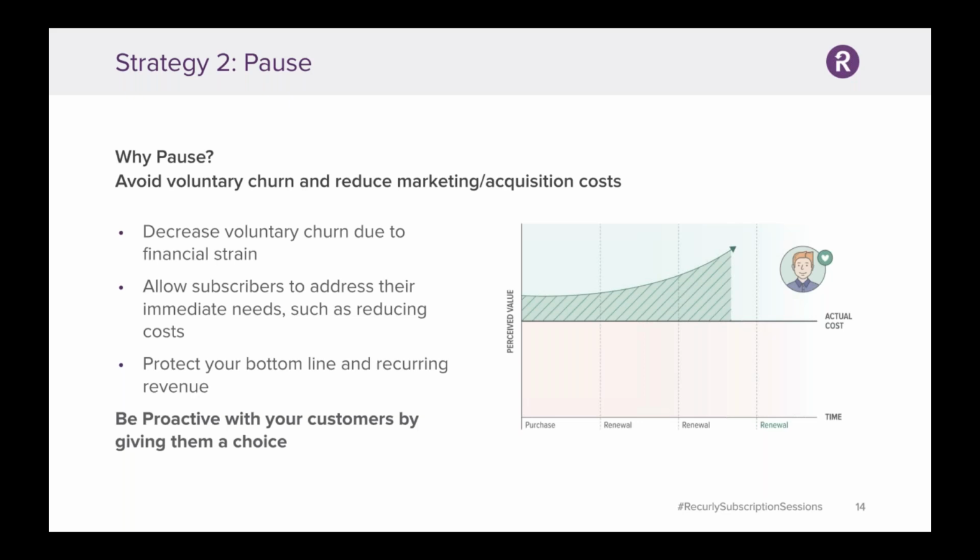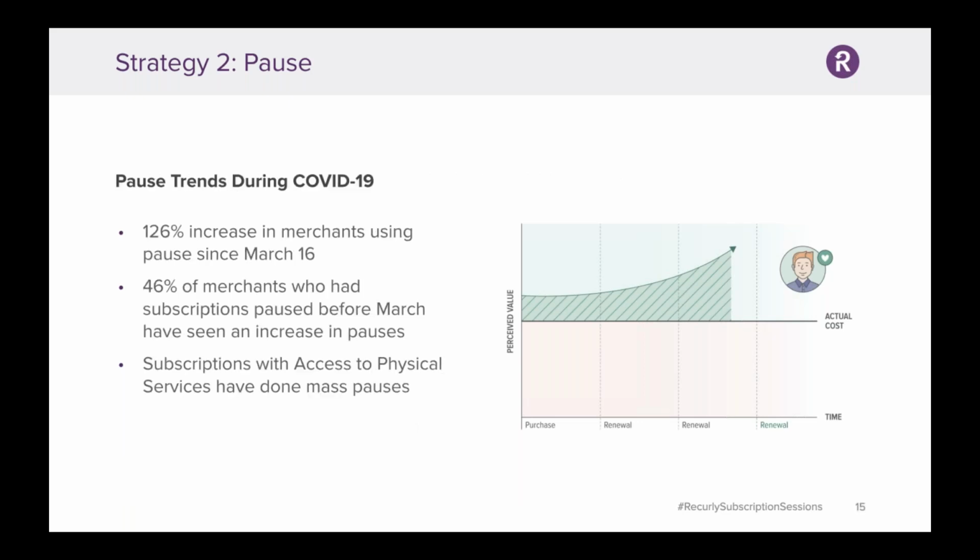Next slide. So when it comes to the trends that we're seeing in this market right now, since March 16th, there's been a 126% increase in the total number of merchants that are using the pause feature. So almost half of merchants right now who had subscriptions paused a month ago have seen an increase in the number of paused subscriptions since that time.